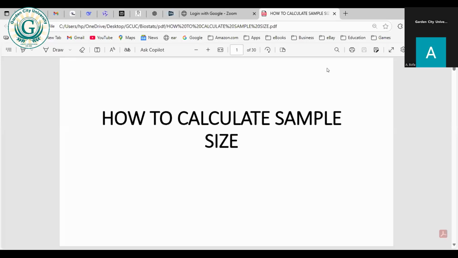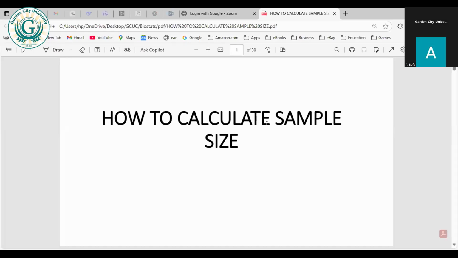We are going to learn how to calculate the sample size. In our previous studies, we learned that it is from the population that you get your sample, and from the sample we're able to generalize for the whole population.